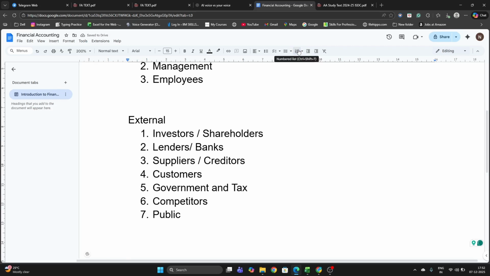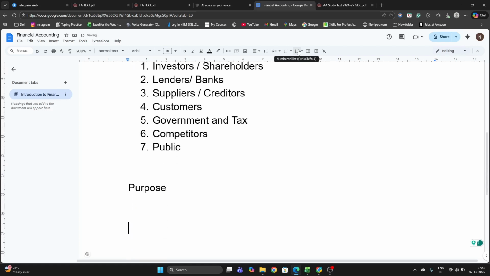So, why do different users need financial statements? What's the purpose actually? Every user has a different reason for reading financial statements.